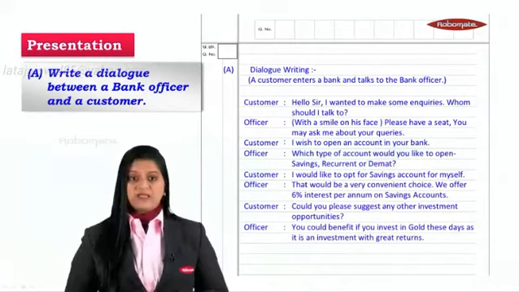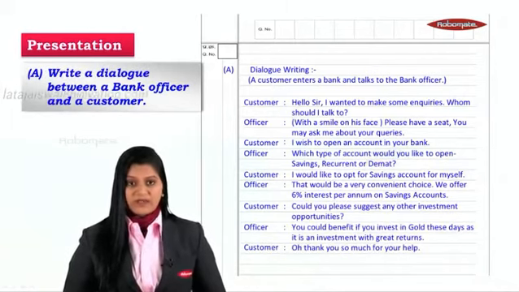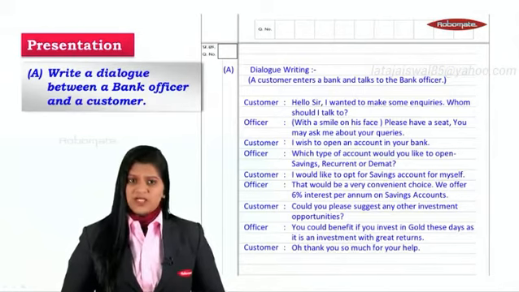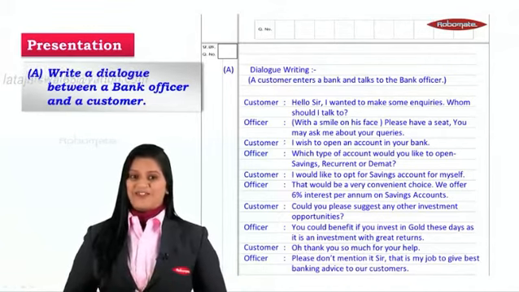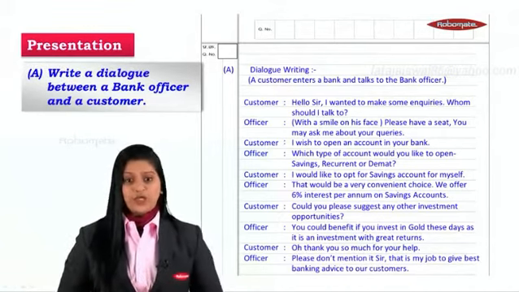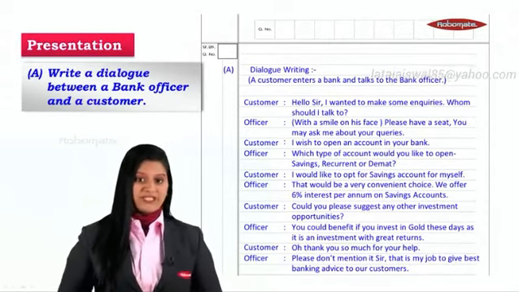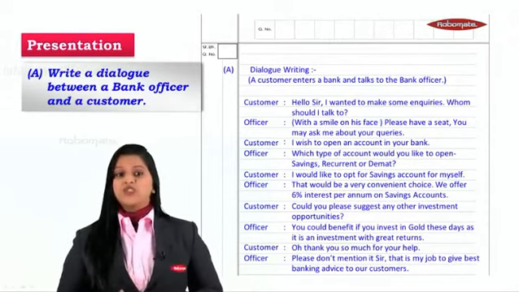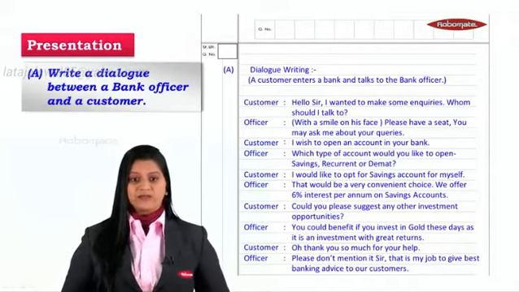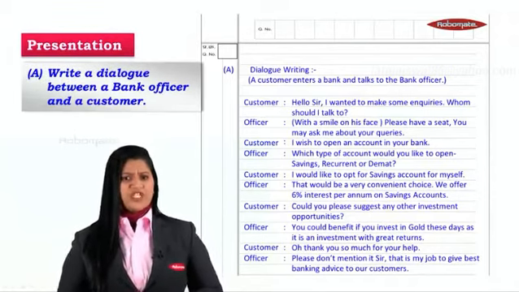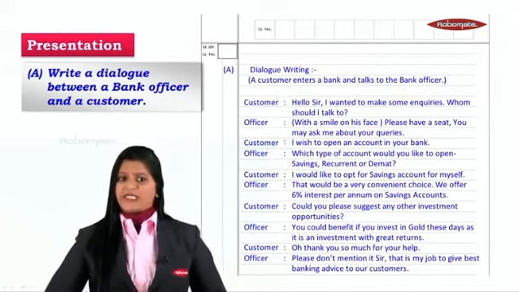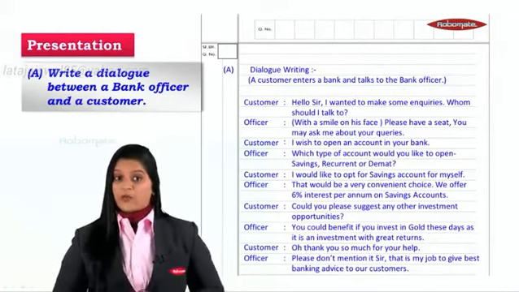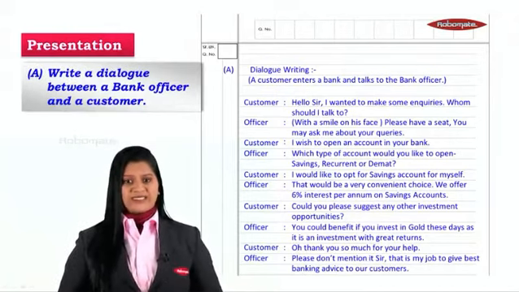A customer enters a bank and talks to the bank officer. Customer: Hello sir, I wanted to make some enquiries. Whom should I talk to? Officer, with a smile on his face: Please have a seat. You may ask me about your queries. Customer: I wish to open an account in your bank. Officer: Which type of account would you like to open? Savings, recurring or demat? Customer: I would like to opt for a savings account for myself.